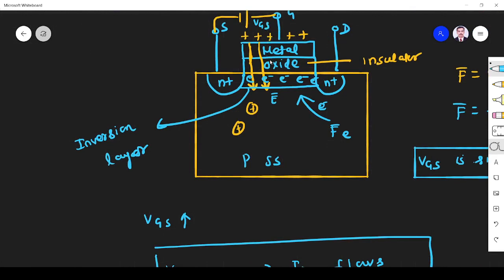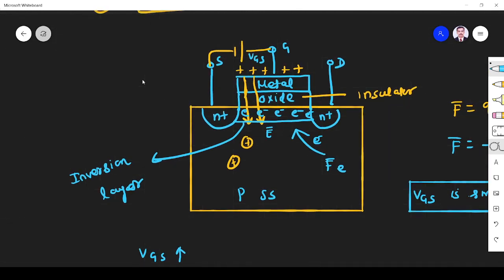When VGS is greater than VT, the electrons get attracted towards the positive terminal. So the depletion region width reduces near the drain terminal, which means there will be more current. So that's what happened here. These are all the points we have to remember.